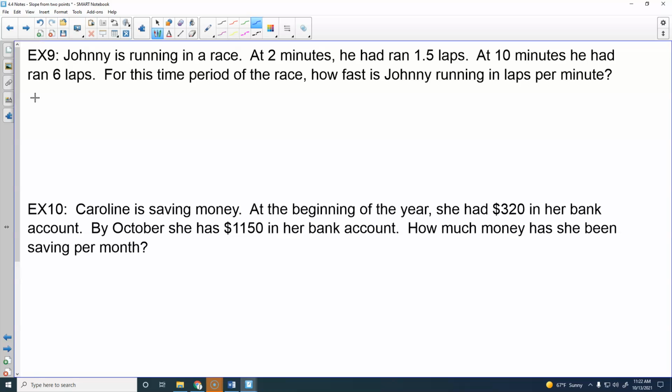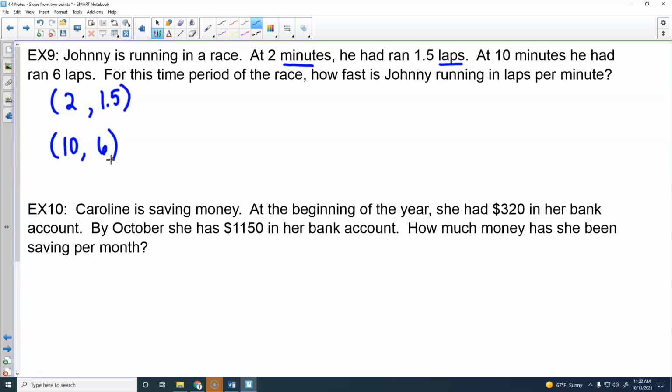Okay, so you've got minutes and laps. Minutes is going to be our x. So this point would be 2, 1.5. Right, so we could make that a coordinate. So if this is 2, 1.5, what would the other coordinate be? 10 and 6. Right?